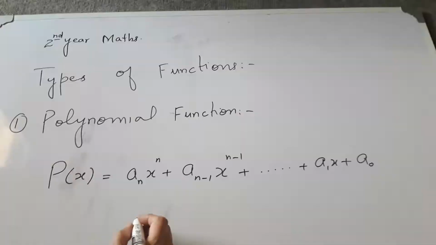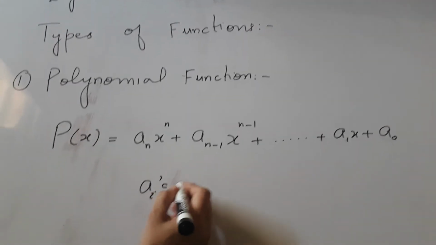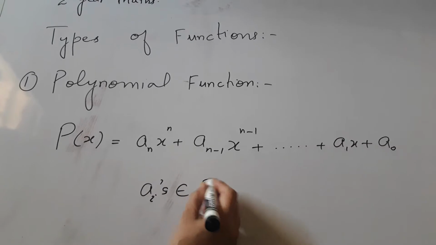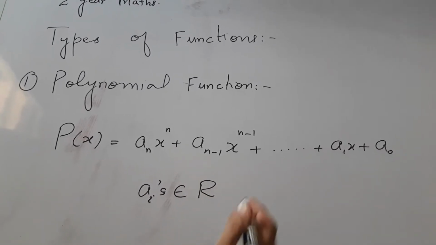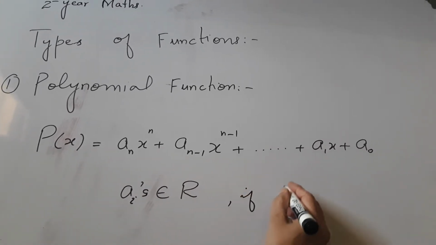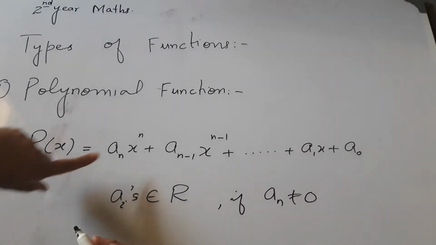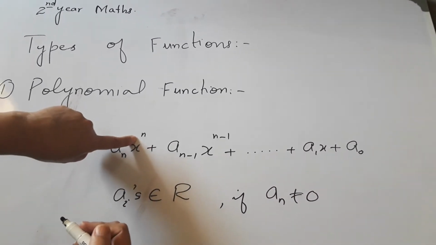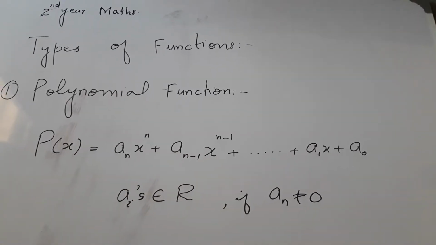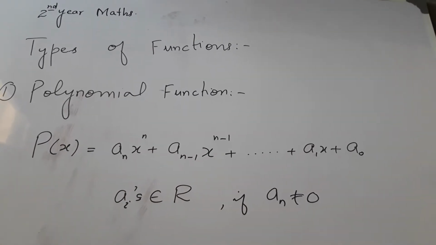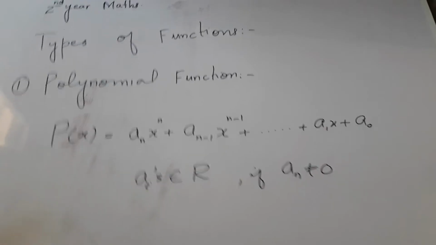All ai's belong to R, and if a n is non-zero then the degree of this polynomial is n. So this is called the polynomial function.